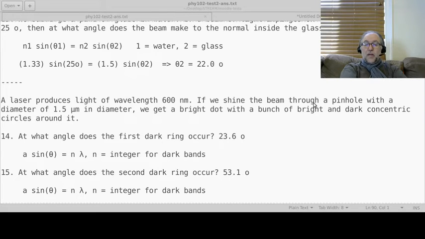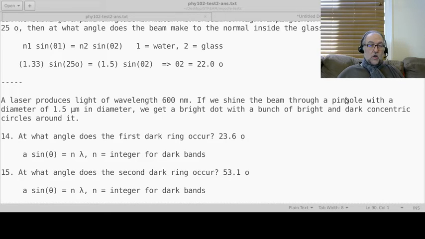We send the beam through a pinhole, a single hole with a diameter of 1.5 micrometers. We got a bright dot with a bunch of bright and dark concentric rings about it. This is the typical diffraction pattern of a single slit, and then I ask some questions. We know it's single slit because it says pinhole there. So we've got just one hole.